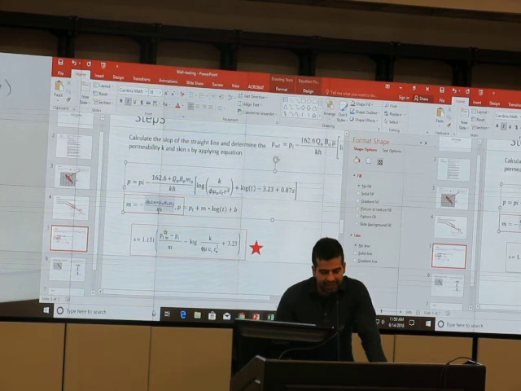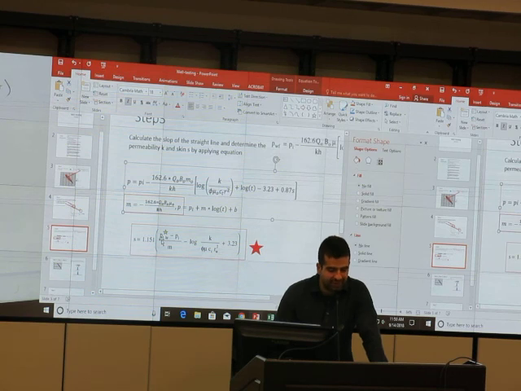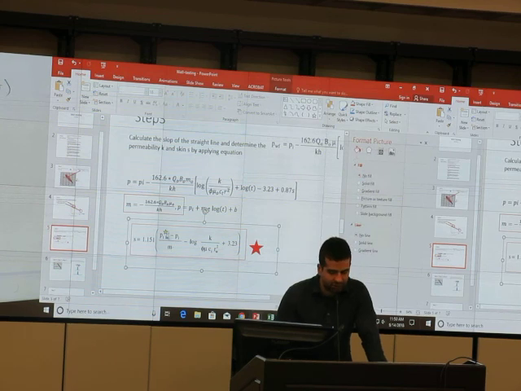So after you get K, which is 25 millidarcies in this case, you'll be asked to give the skin factor. So this is the equation that you use. But now you put the pressure at time 1 because you have the slope, right? You can put it in the equation.